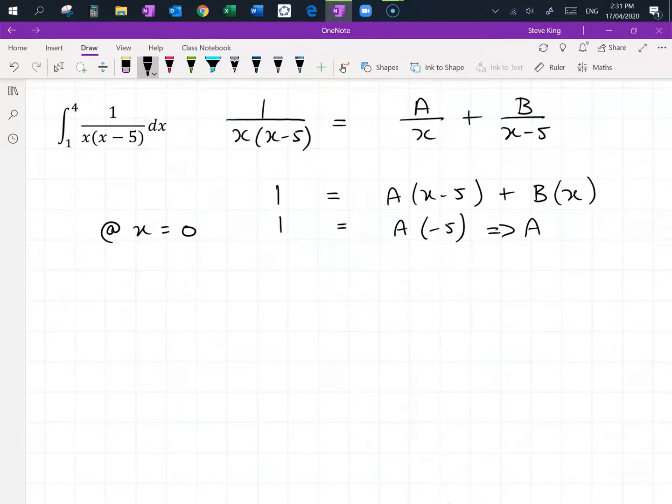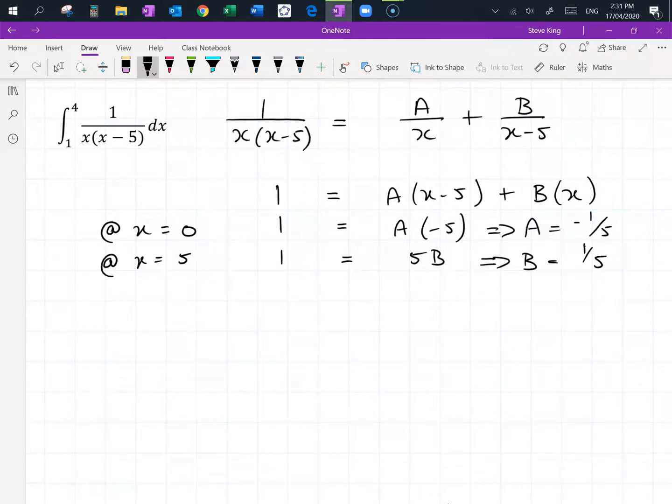In other words, a is going to be minus 1/5. And at x is equal to 5, then I'm going to have that 1 is equal to 5b. In other words, b is equal to 1/5.